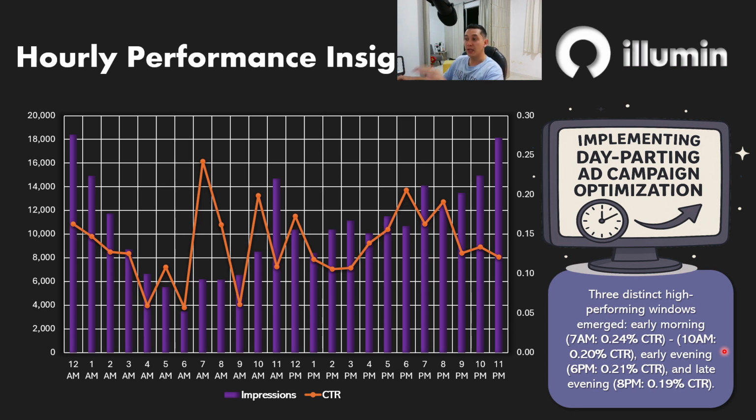What's valuable is how these windows align with key moments in consumers' daily routines. So for example, morning commute, arriving home, and evening relaxation, right? So by allocating 60 or 70% of our budget to these prime windows, we can significantly improve efficiency without sacrificing reach.